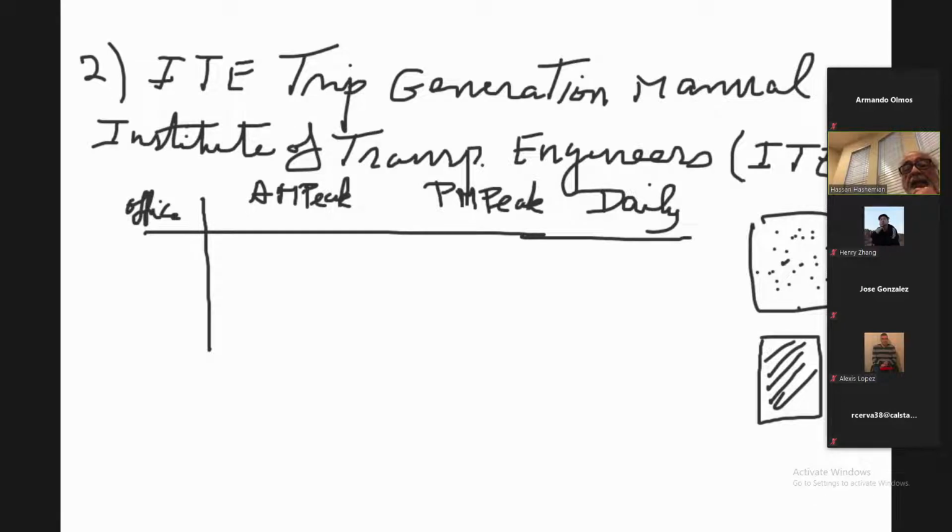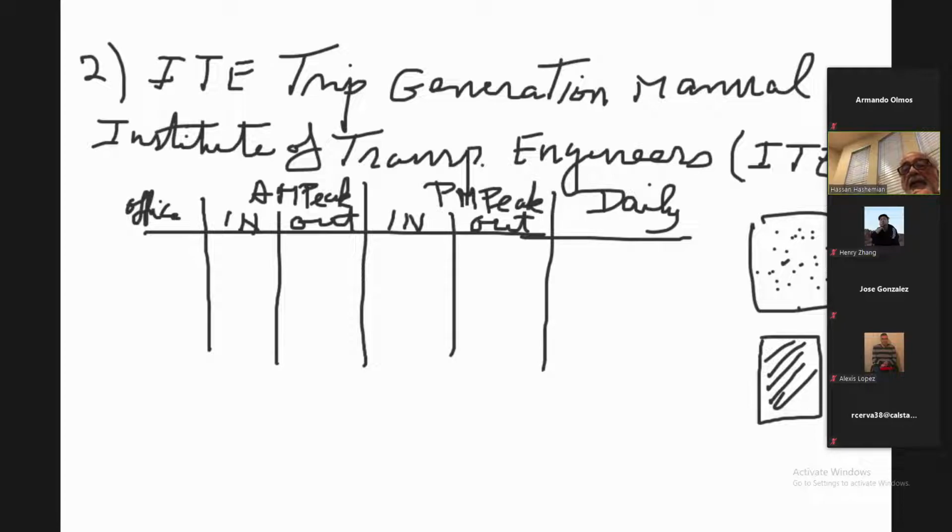On the AM peak, they have the number that goes into the office building and the number that comes out of the office building. So we have an inbound and outbound. And then in PM, we have the same thing, inbound and outbound. And then we have a daily. AM peak is usually between 7 and 8 a.m. PM peak is between 5 and 6 p.m.